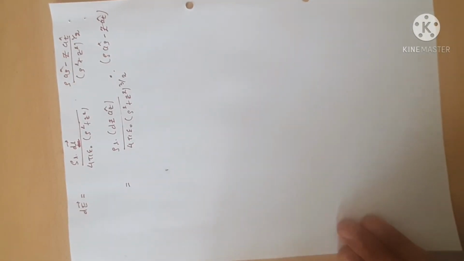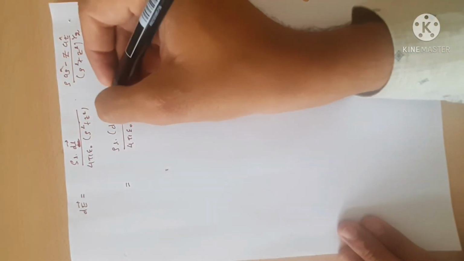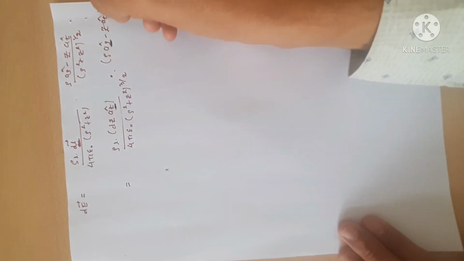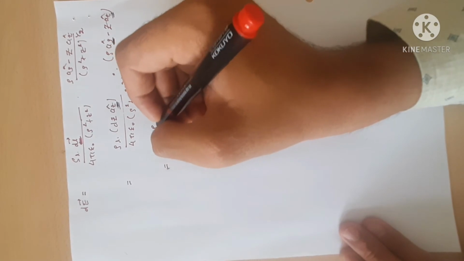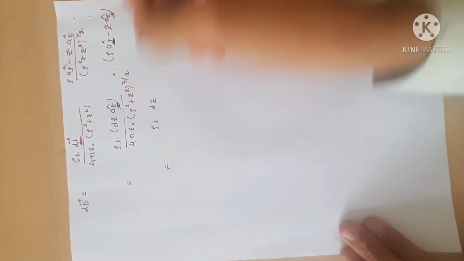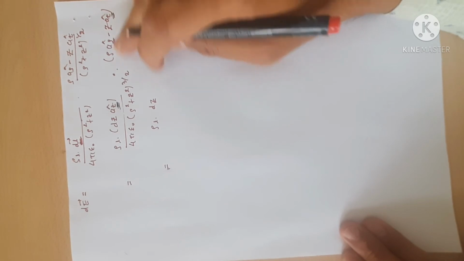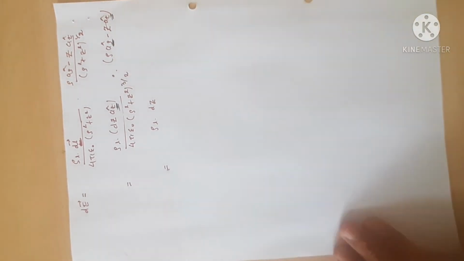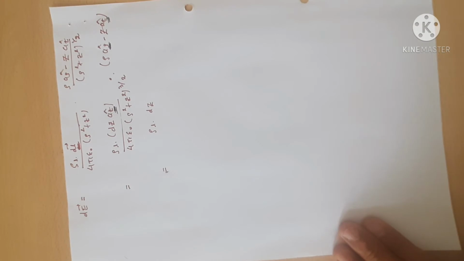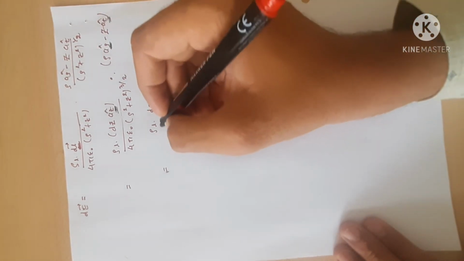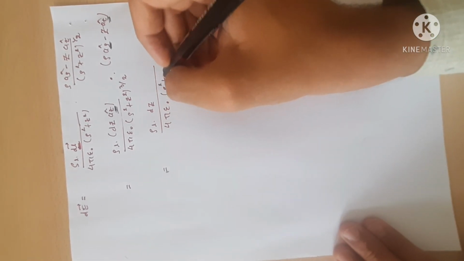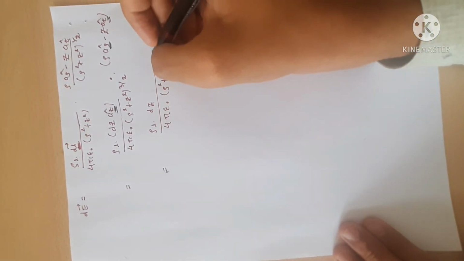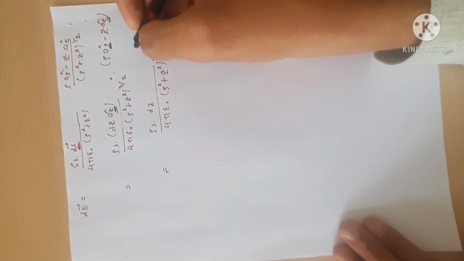As we know, the dot product between az and arrow is 0, but the dot product between az and az is 1. Okay, so based on that I have to write it as rho l into dz, dot product between z and z, so it is minus z, divided by 4 pi epsilon 0 rho square plus z square raised to 3 by 2.